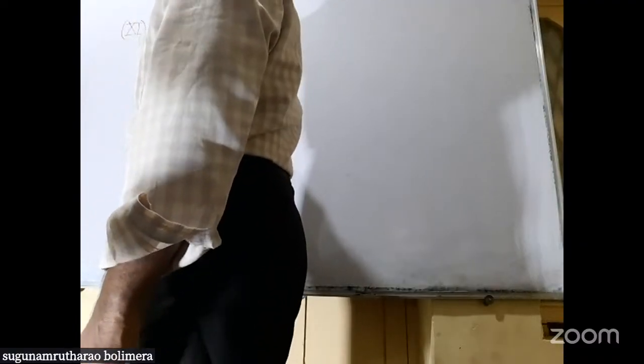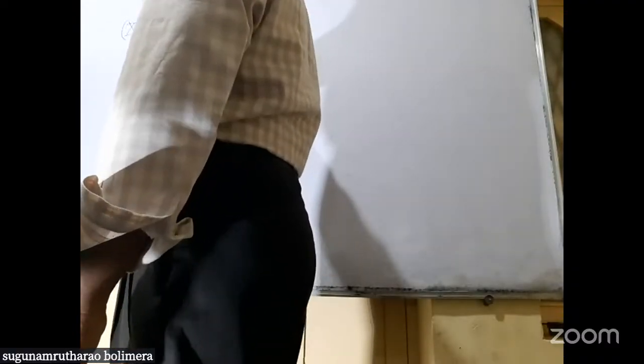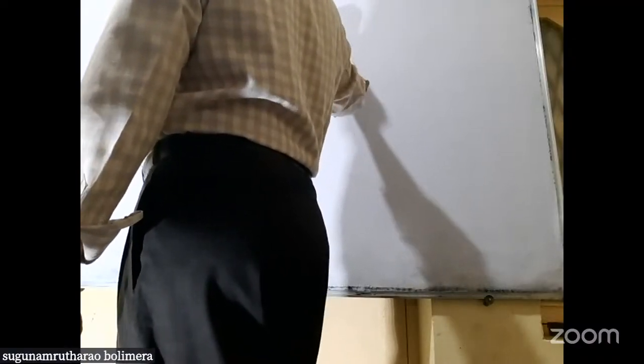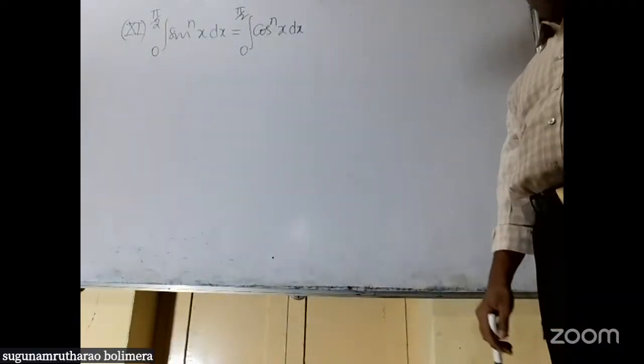Integral 0 to pi by 2 sine power n x dx is equal to integral 0 to pi by 2 cos power n x dx. Both are equal.